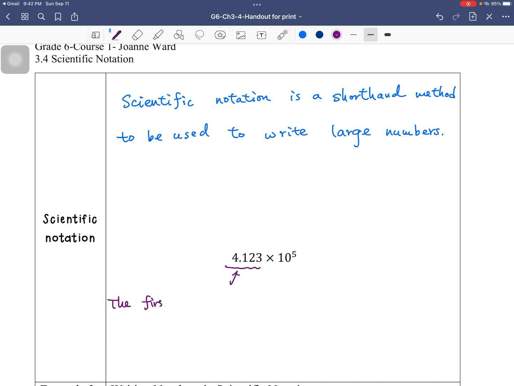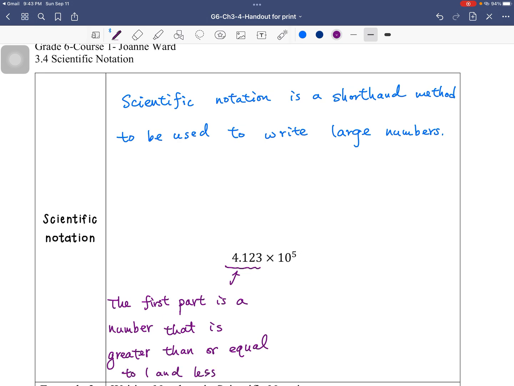So the first part is a number that is greater than or equal to 1 and less than 10.